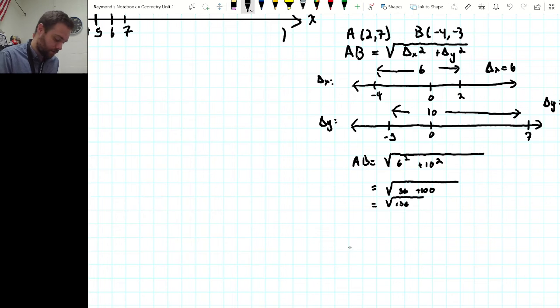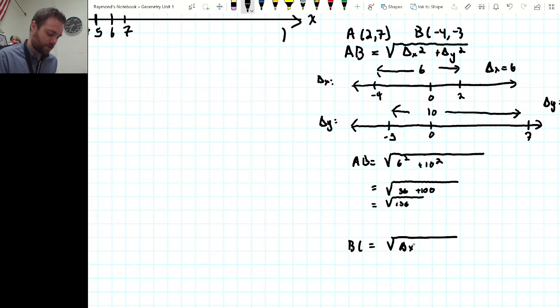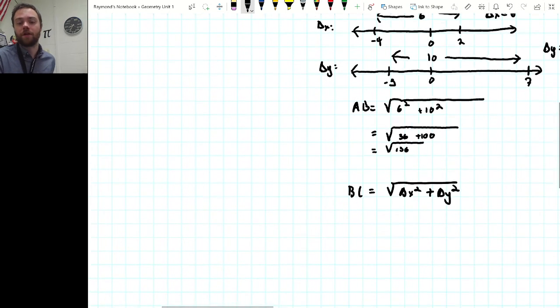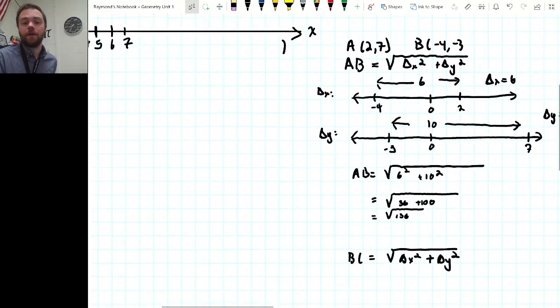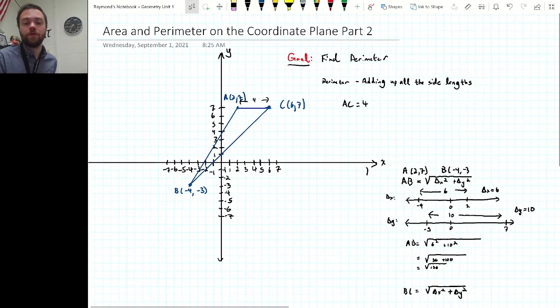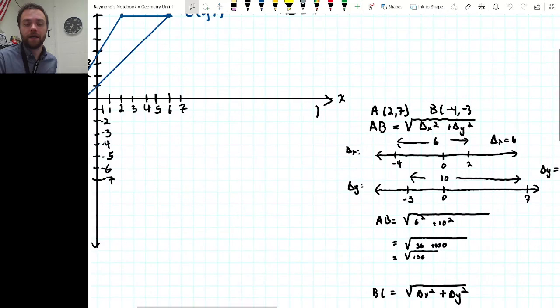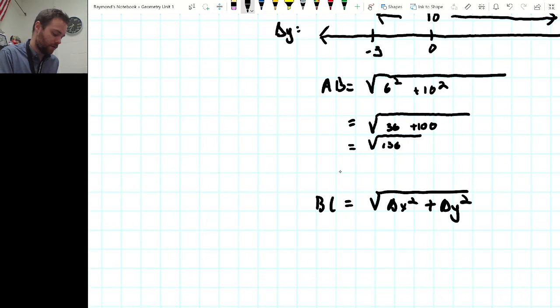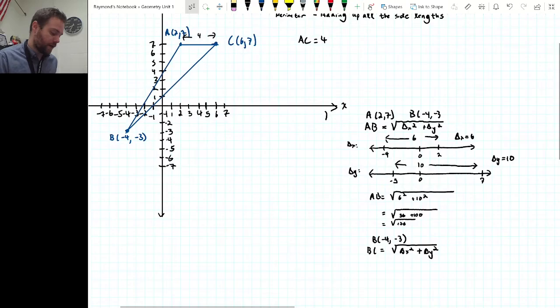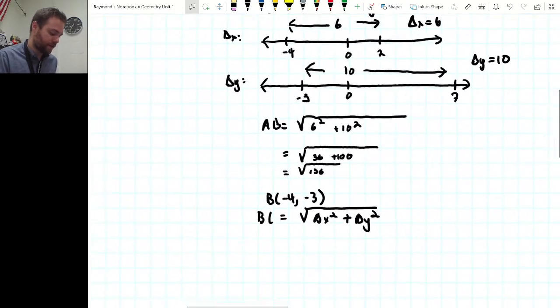BC is equal to the square root of the change in x squared plus the change in y squared underneath that square root. And then I've got two coordinates, so I've got -4, -3 is B, and C is 6, 7.